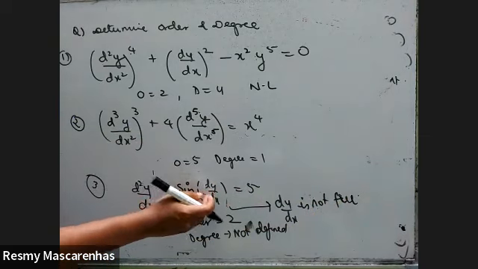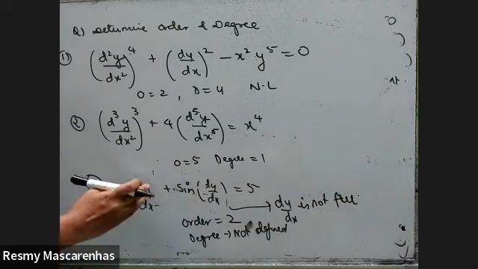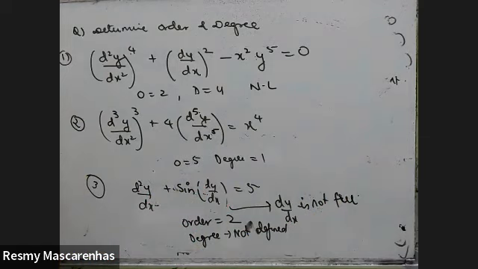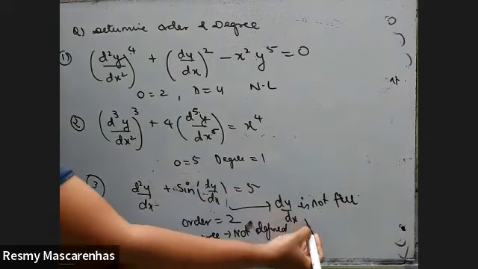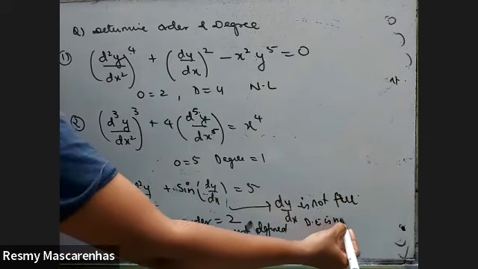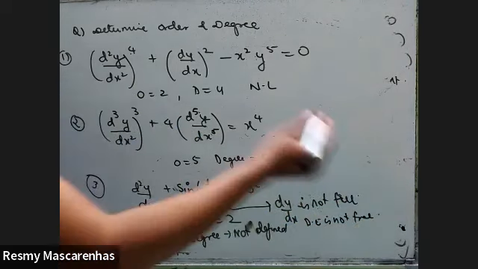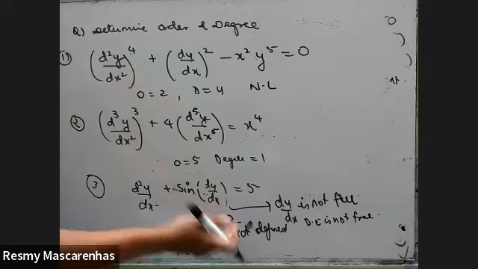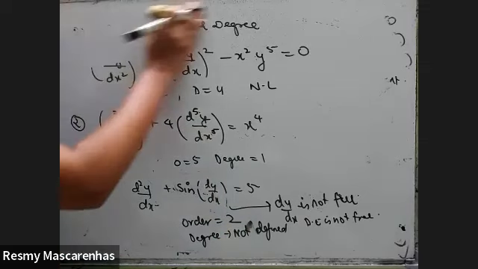If it was not inside, then you could write the degree as 1. So the differential equation is not free overall, and we cannot write the degree. You have to write it as not defined.